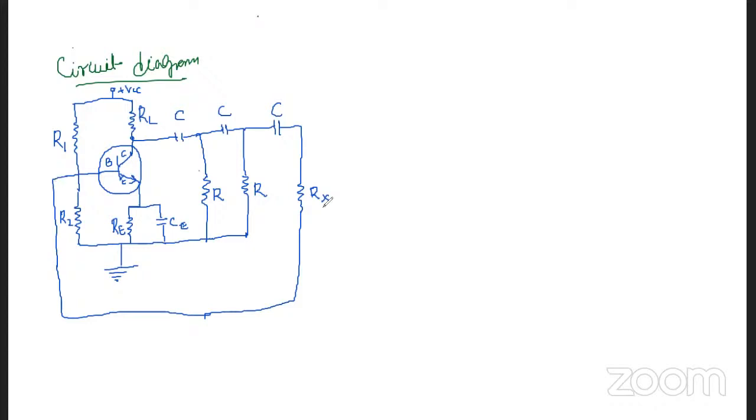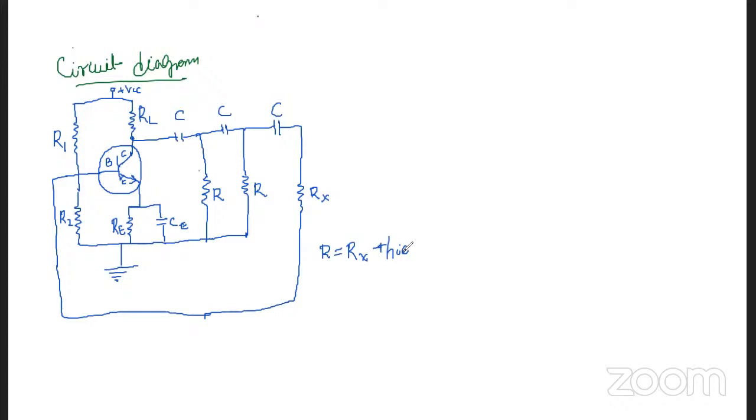In the last section, we have taken a resistance as Rx. This resistance Rx should actually equal R, so R is equal to the combination of Rx plus HIE. HIE is the input resistance of the transistor.